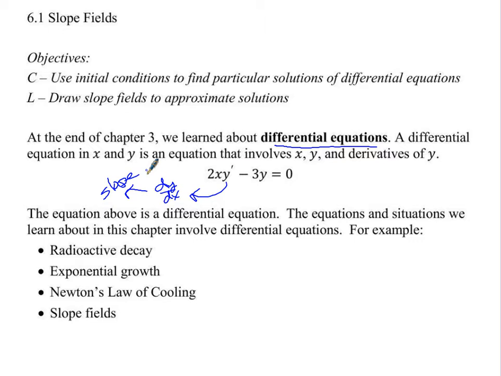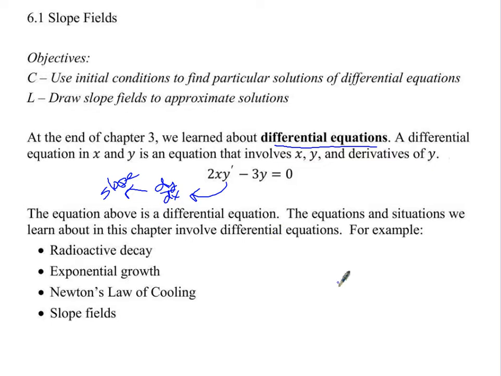This is what we're going to be dealing with in this section. When you're working with slope fields, you're graphing little tick marks that represent the slope of the function at that particular point. So what we're going to be doing is working with equations that involve x, y, and derivatives of y. The equation above is called the differential equation.